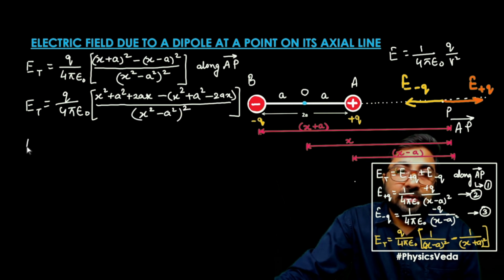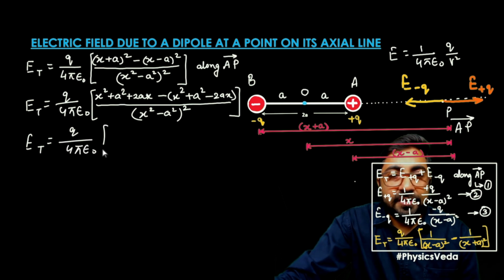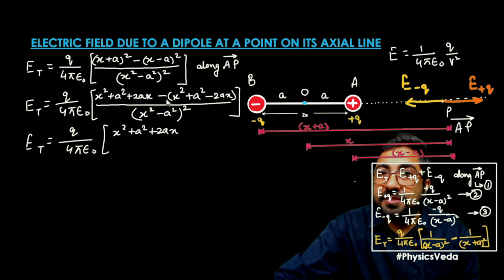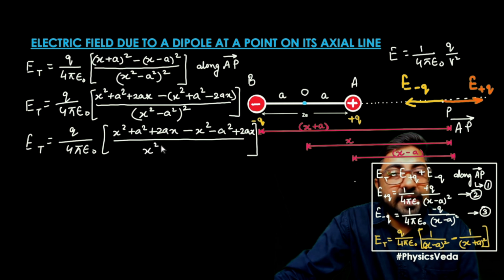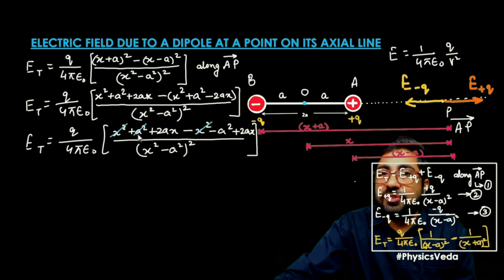Now multiply the negative sign within the bracket, then we simplify it over x square minus a square to the power 2. So it is q upon 4 pi epsilon naught times x square plus a square plus 2ax, and multiplying the minus sign within the bracket, we get some sign changes. So it is x square minus a square, and minus and minus is plus, so plus 2ax, upon x square minus a square whole to the power 2. Here there will be some cancellations: x square negative and x square positive cancel, and a square positive and a square negative also cancel.